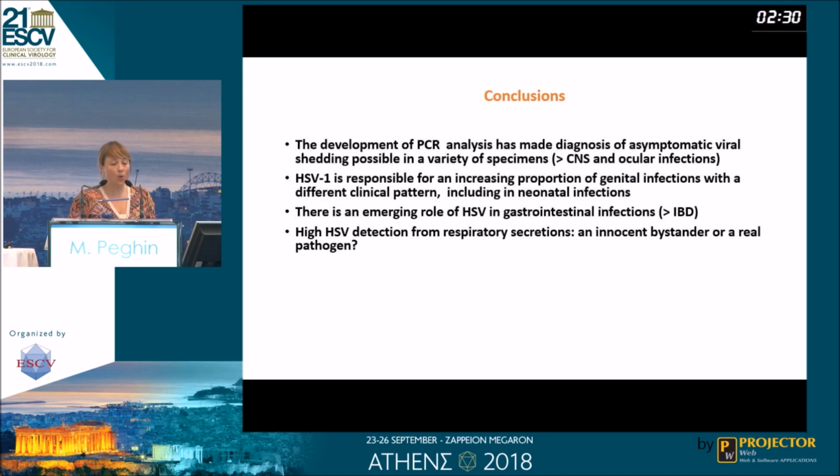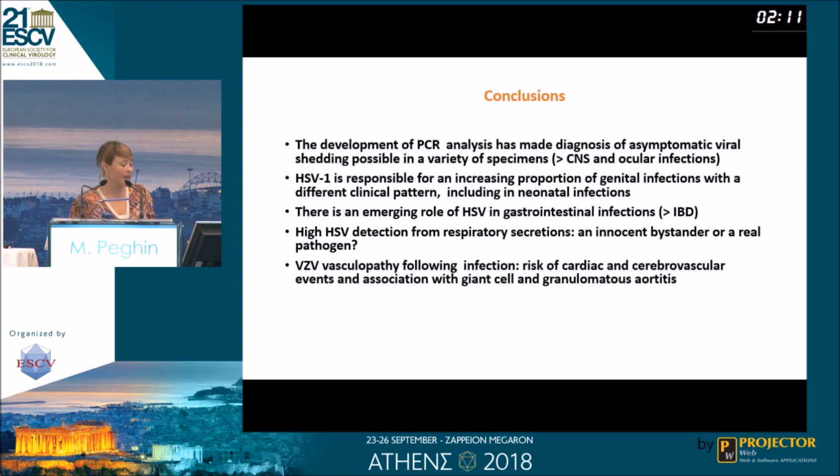There is no clear role of herpes 1 and 2 as a pathogen in respiratory secretions. We don't know at the moment if it is an innocent bystander or a real pathogen, and we need to do more research to take care of intensive care patients.